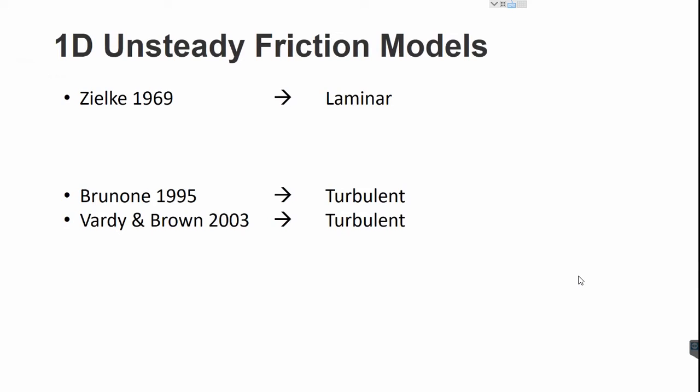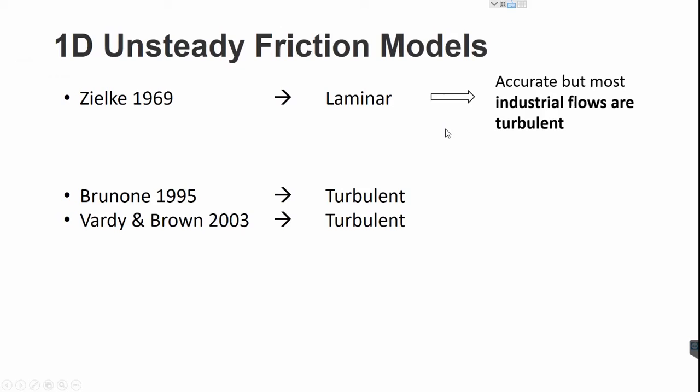So one of the first attempts to solve this problem of unsteady flows was performed by Zielke in 1969, and he worked on laminar pipe flows. And Zielke came up with a very accurate model. However, most industrial flows are not laminar, they are turbulent.